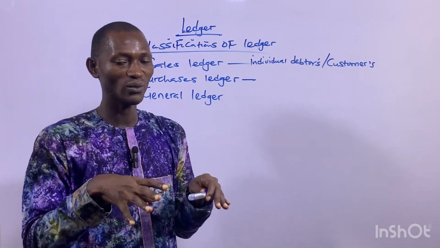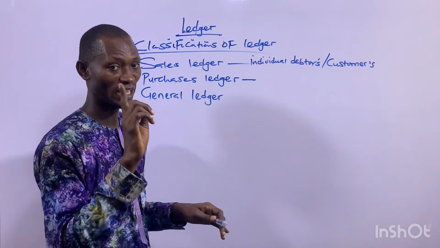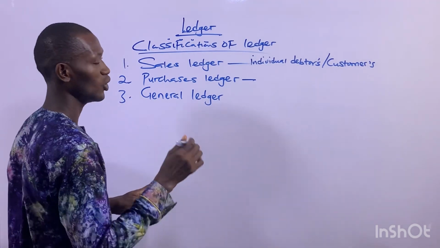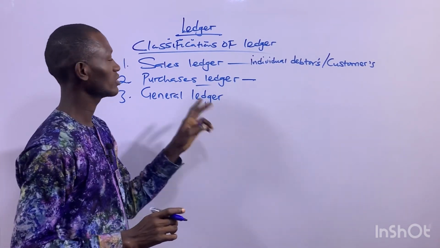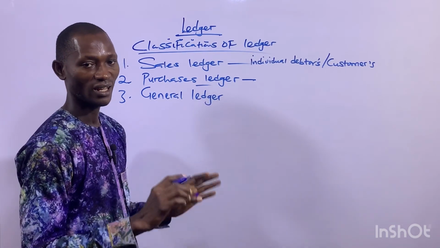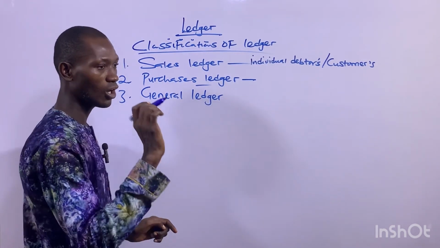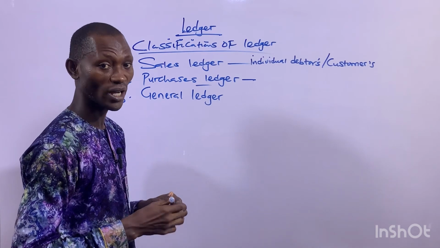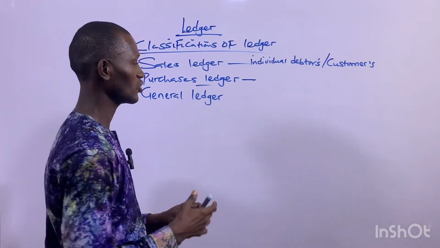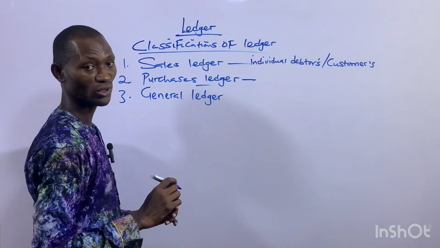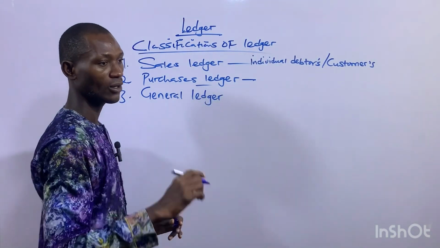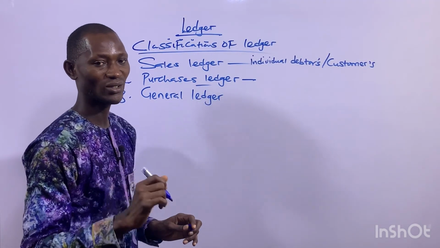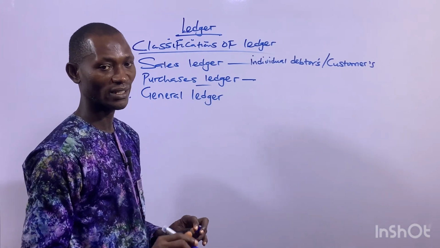So the details of those suppliers, individual supplier now, one supplier or one creditor, will be detailed in the purchases ledger account. So all the individual suppliers that you are owing as a business organization will be contained in the purchases ledger.